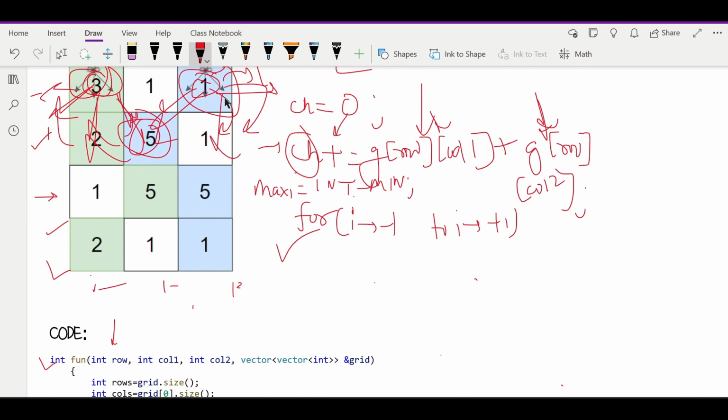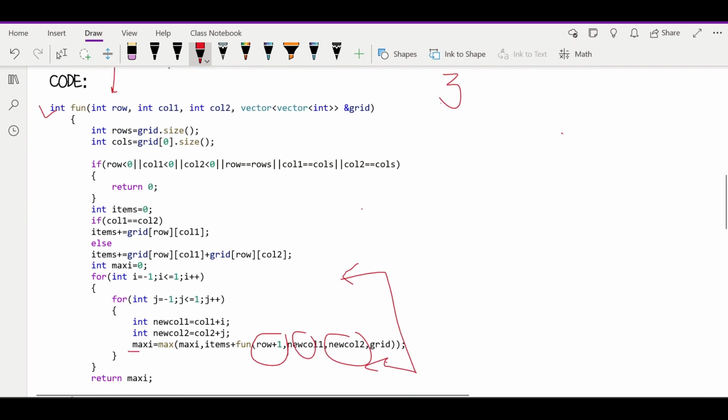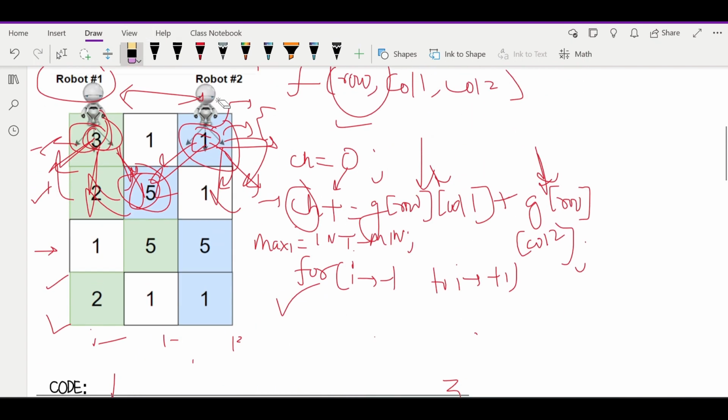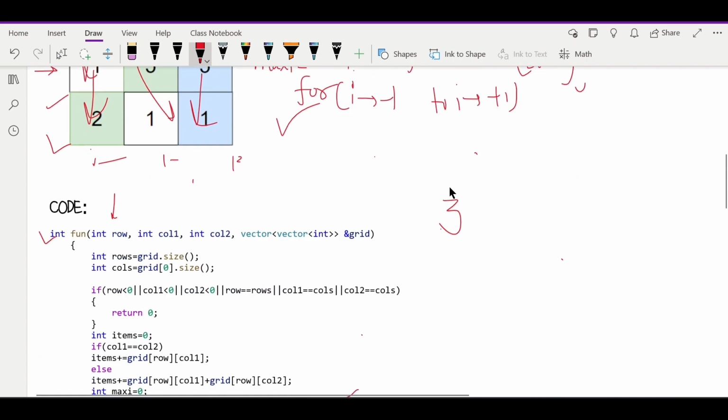I am making three function calls in all three downward directions. And how many further function calls in a particular function call can be made? So understand this. How many further function calls would be made until we have explored all the rows and all the columns, which means until we have gone through all the rows and all the columns, right?